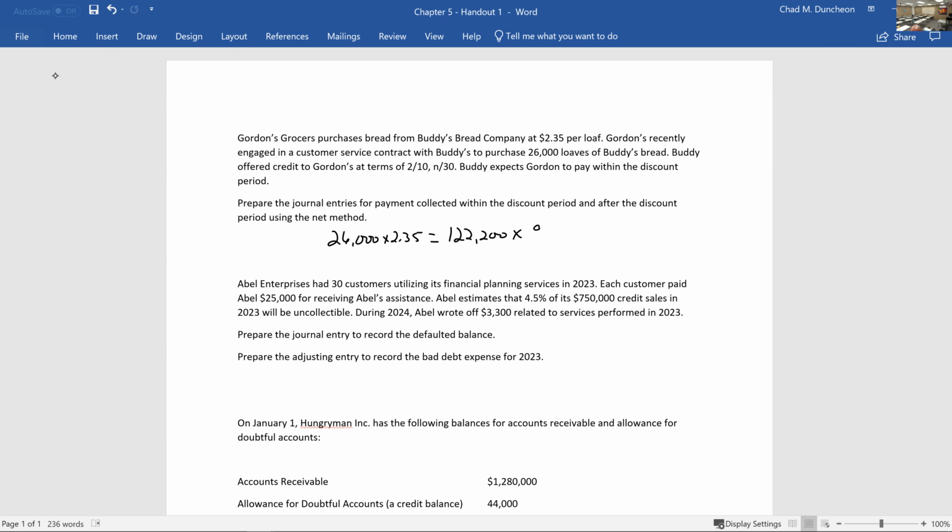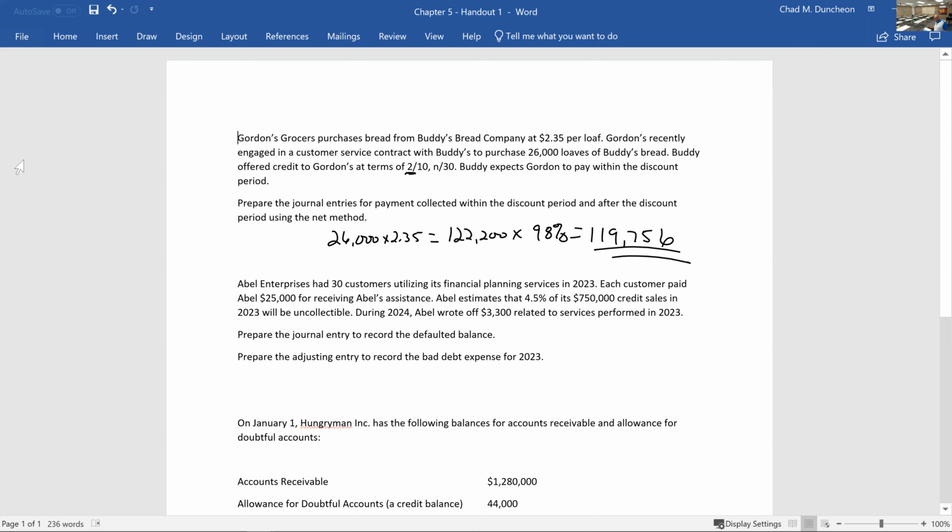But we only expect to receive 98% of that because of this 2% discount up here. So 119,756 is what we actually expect to collect.